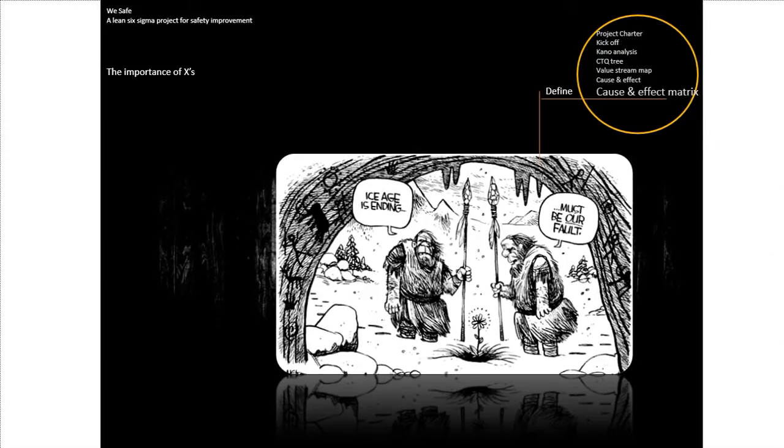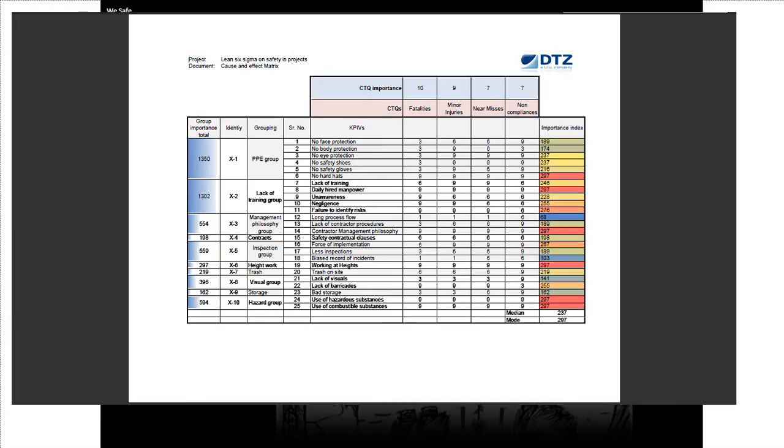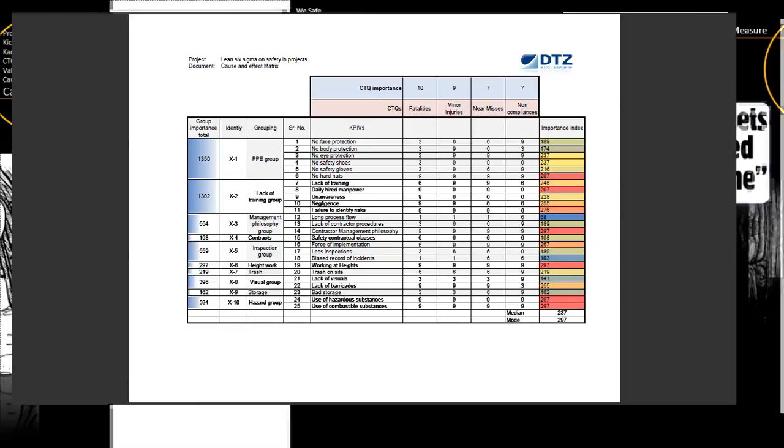Speaking of data to provide reasonable importance numbers to various causes, we have this cause and effect matrix. Thus we arrive at the perceived importance level for the following groups: PPE group, which is the personal protective equipment group, lack of training group, management philosophy group, contracts, inspection group, work at heights, trash, visual group, storage, and hazard group.